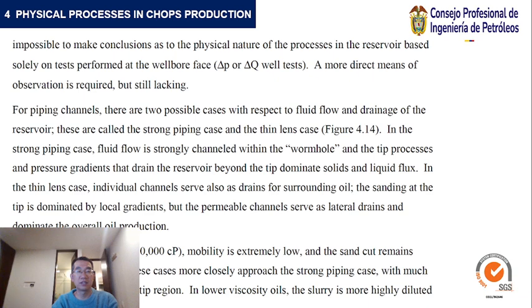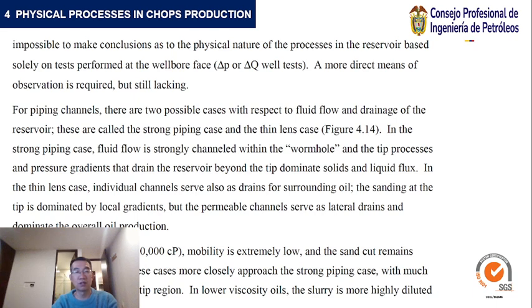In the thin lens case, individual channels serve also as drains for surrounding oil.